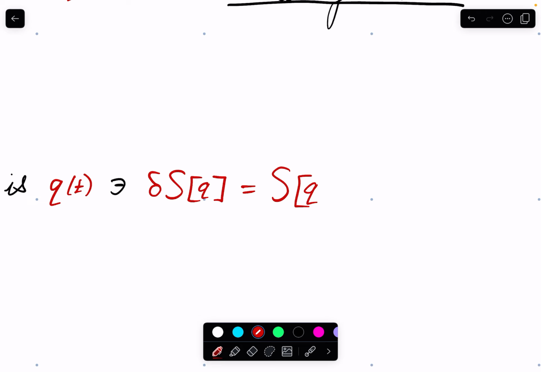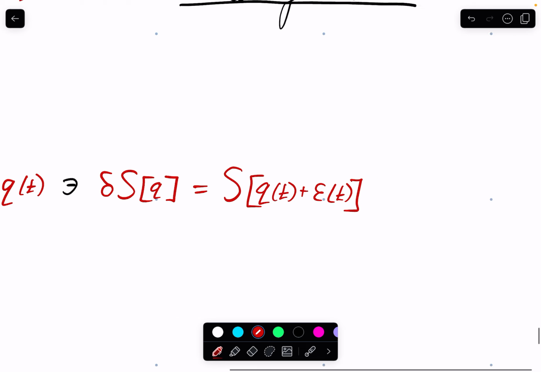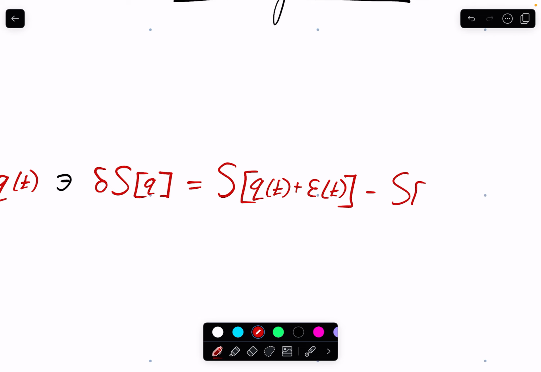So if you have S of q of t plus some small perturbation, then minus S, which is just the original, you want this to be equal to 0.